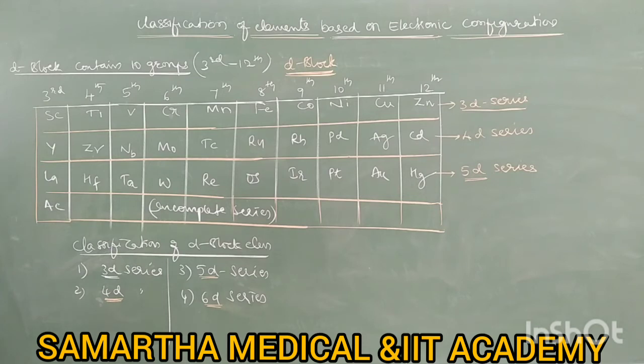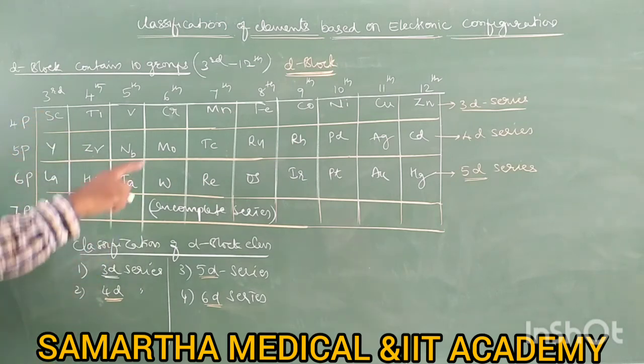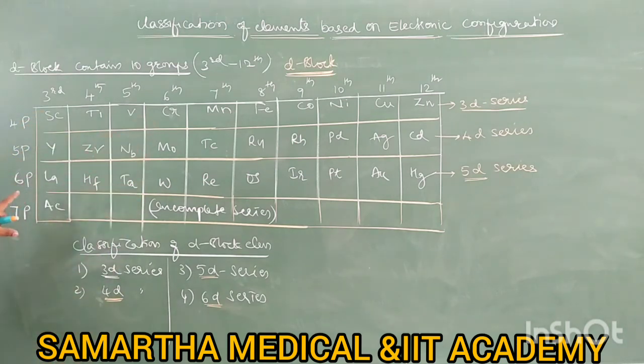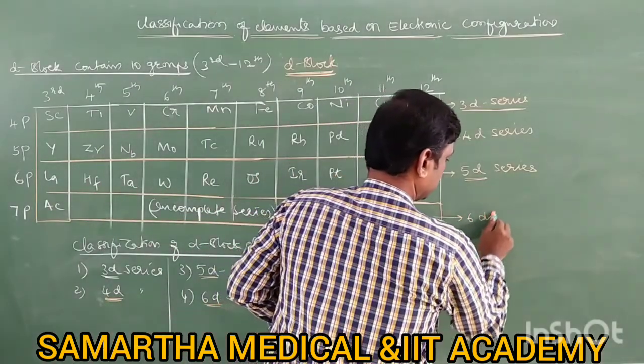The 7th period. It means this is nothing but the 7th period. If this is the 7th period, this is the 6th period. It is the 5th period. This is the 4th period. The period is 4th, but the 3d series. Don't confuse. Period is different and series is different. Okay. Therefore, the last one is the 6d series.